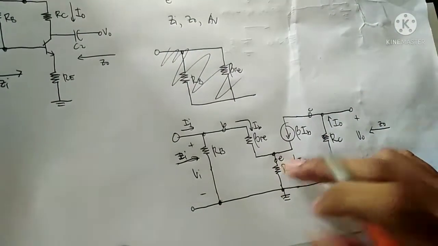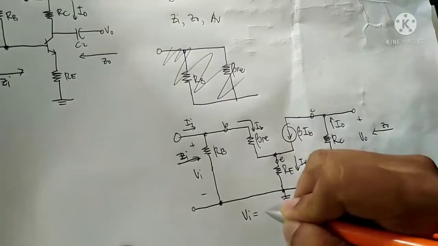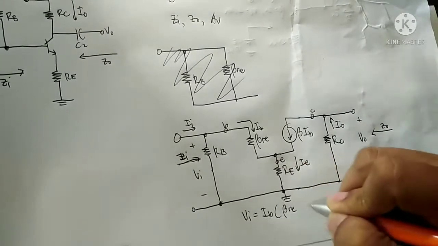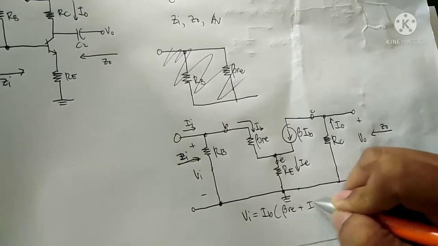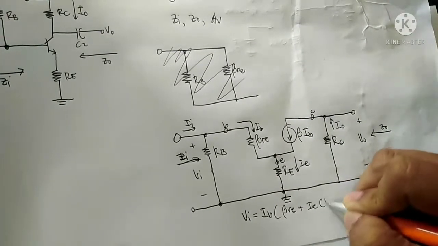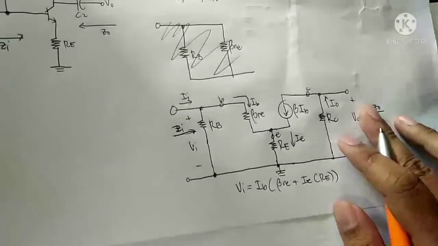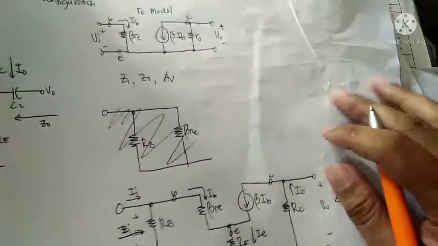Therefore Vi is equal to ib times beta re plus ie times RE.